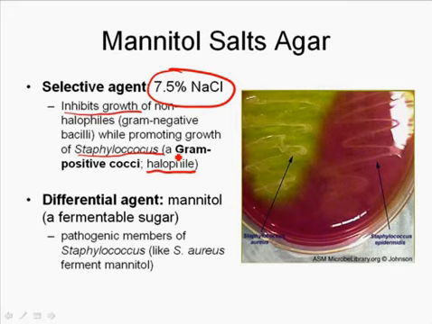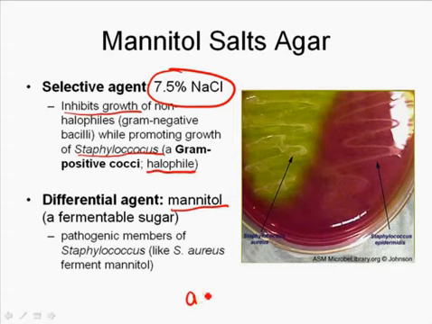We use a differential agent called mannitol, which is a fermentable sugar. As we learned about in lecture, fermentation is typically an anaerobic process in which we allow ATP to be generated through glycolysis. In the process of fermentation, we often have what 2 byproducts? That's right.